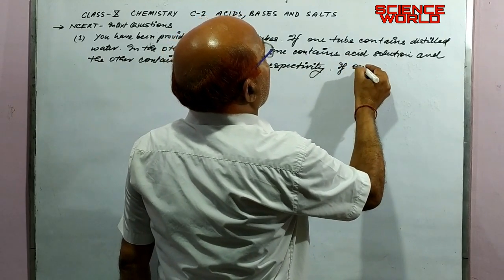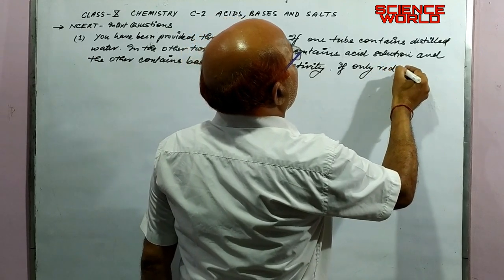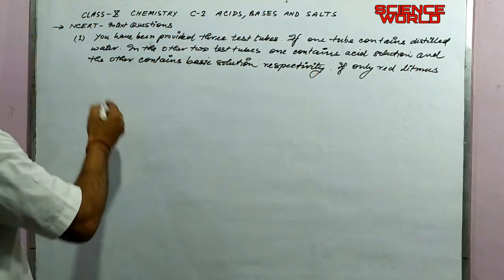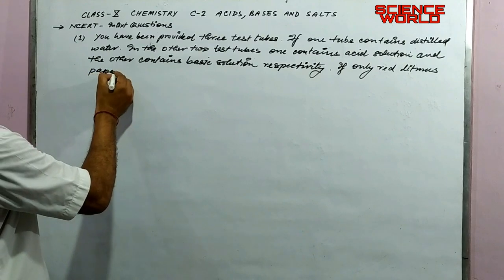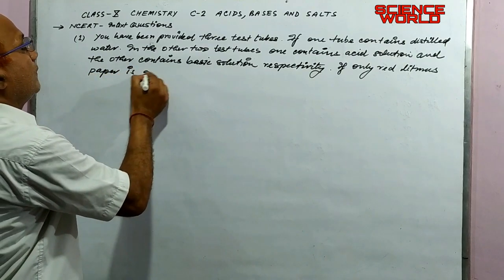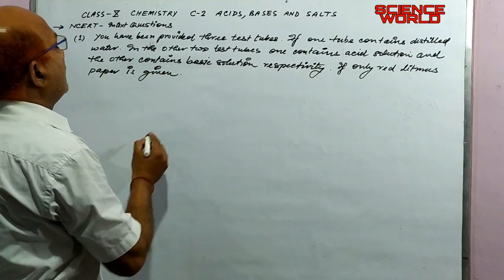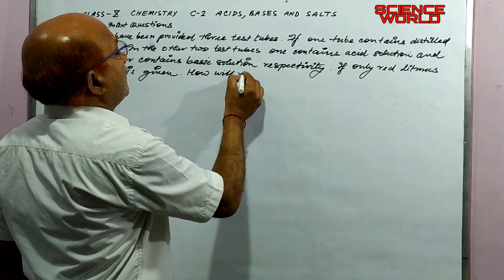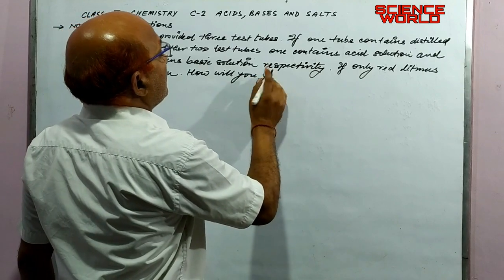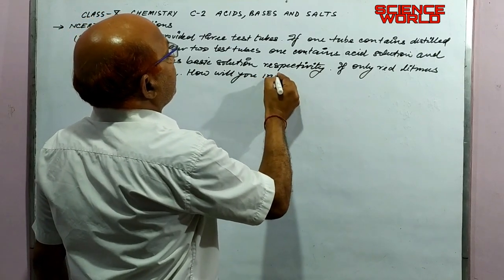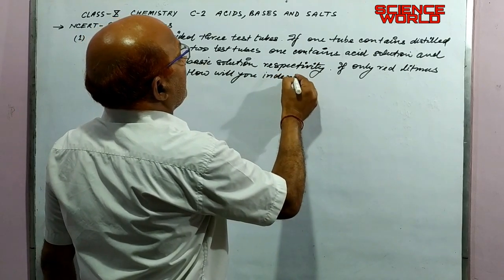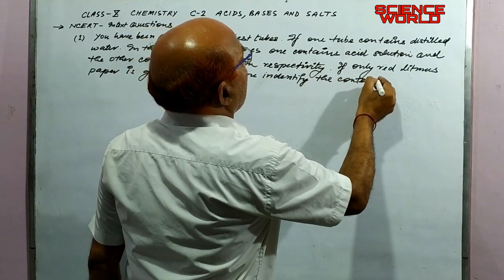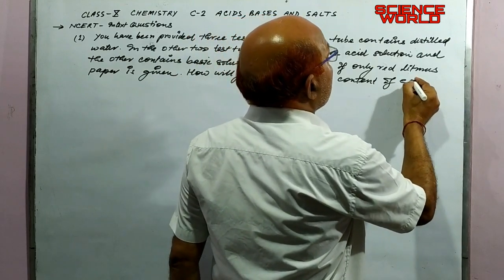If only red litmus paper is given, how will you identify the content of each test tube?